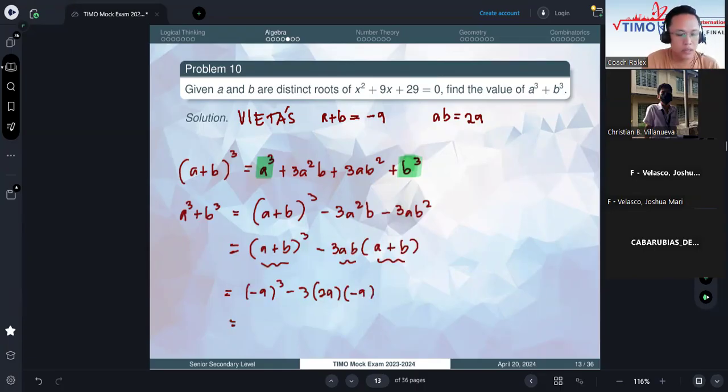So 9 cubed is negative 729, minus, or this will become plus, 29 times 9 times 3, that is 783. And the answer should be equal to positive 54. So this is now our final answer for a cubed plus b cubed.